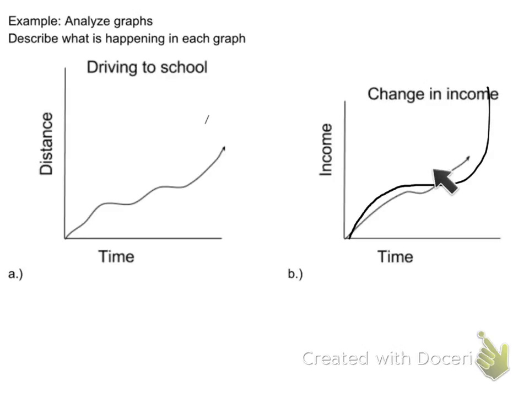Something happened. We stopped making money, right? But here we started with no income and quickly rose up, and all of a sudden it really shoots up. Stock market crash anyway. So there's different situations that could happen. Your job then is to come up with a situation that would match that graph.